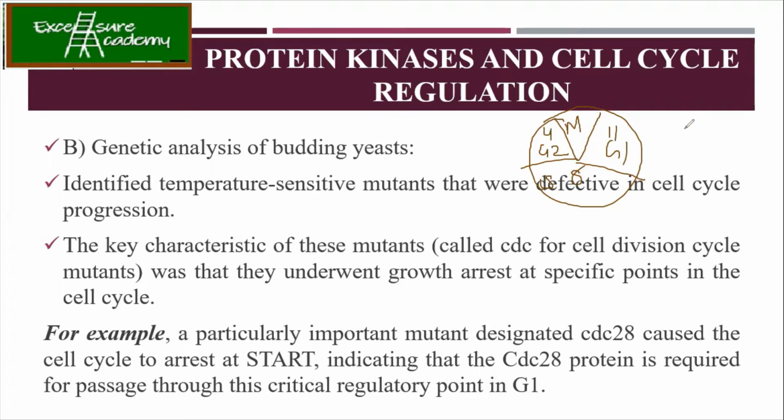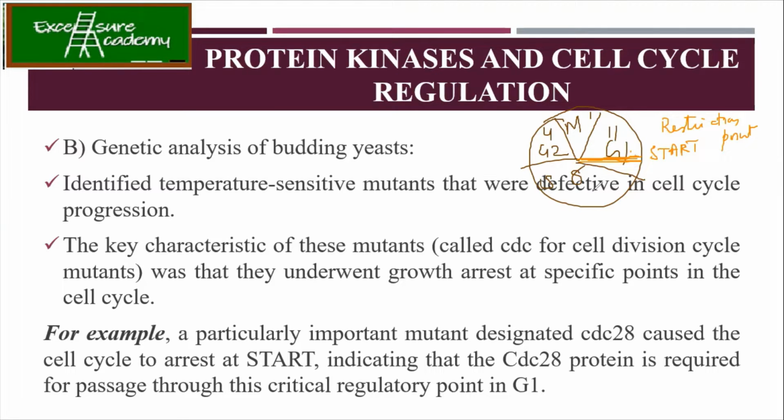So in the G1 phase, we have this regulatory checkpoint which is known as start in the case of the budding yeast, or it is also known as the restriction point. Now we are saying that there is a mutant CDC28 which is arresting the cell cycle at this point, start, which means that the CDC28 protein is important for passage through G1 so that it can enter S.